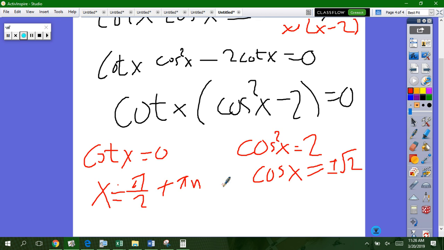Does that make sense? Okay. Where does cosine equal root 2? I know where it equals root 2 over 2, but do you guys know where it equals root 2? It doesn't. Can cosine ever be greater than 1?